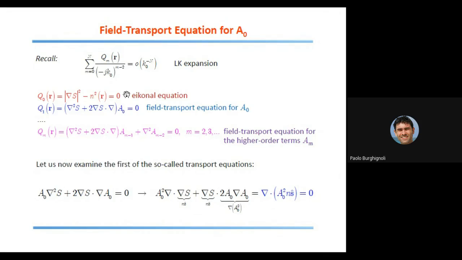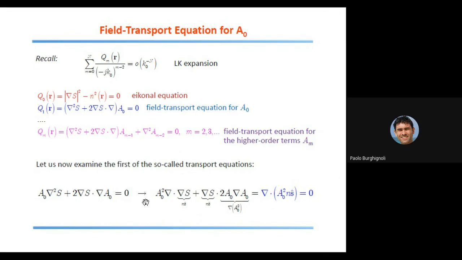So you can solve this infinite set of equations recursively. We will do that explicitly for A0, in particular from the field transport equation, which can be written, as you can see here at the bottom left, as A0 times the Laplacian of S, plus twice the dot product of the gradient of S times the gradient of A0. This must be equal to 0.